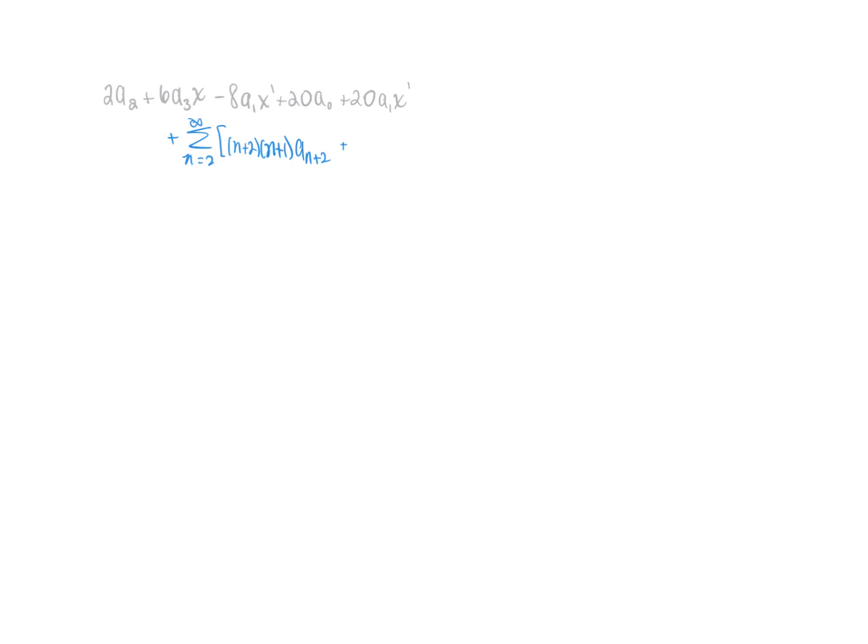From our second, we have n times n minus 1, a sub n. And then from our third, we will have minus 8 n a sub n. And from our fourth and last, we will say plus 20 a sub n. And we put it all times x to the n, and the whole thing then equals 0.